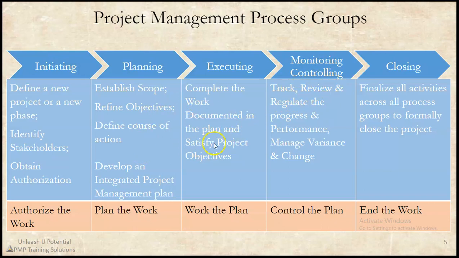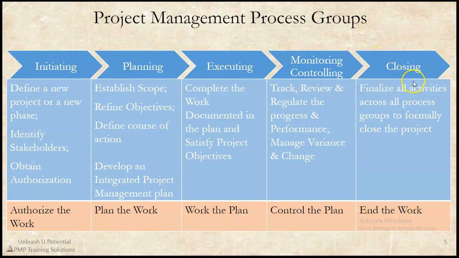That means variance analysis happens, whether execution is happening according to the plan or not. Based on that, it comes up with some changes. That means monitoring and controlling's goal is to track, review, and regulate the progress and performance, and manage variances and changes. That means control the plan.